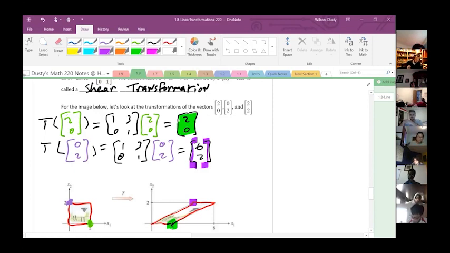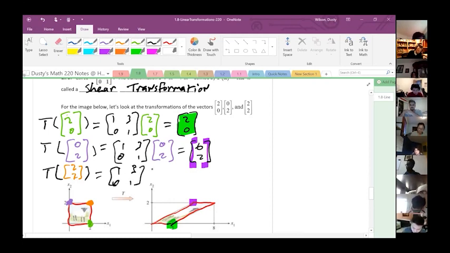And then we could also look at the orange point, T of 2, 2, which is 1, 3, 0, 1 times 2, 2.